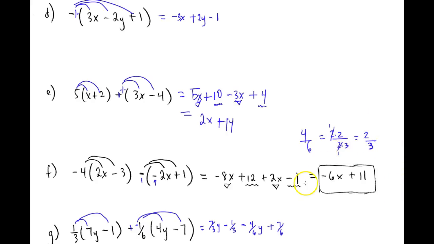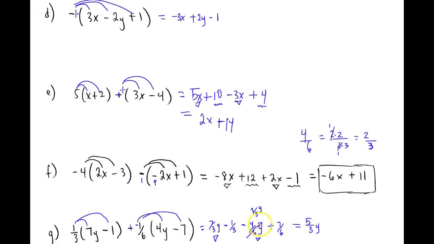So we could take this term that's here, and all of this would actually just be 2 over 3y. And so now that we have that, we can take 7/3 y minus 2/3 y, and we'll see that we end up with 5/3 y. So in other words, these two terms are like terms.